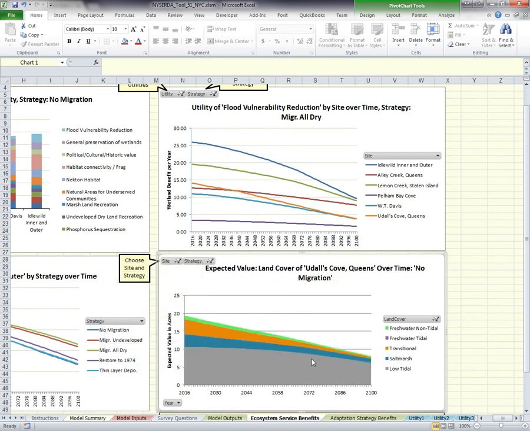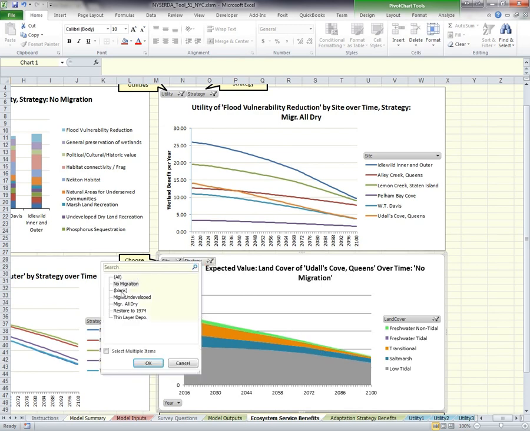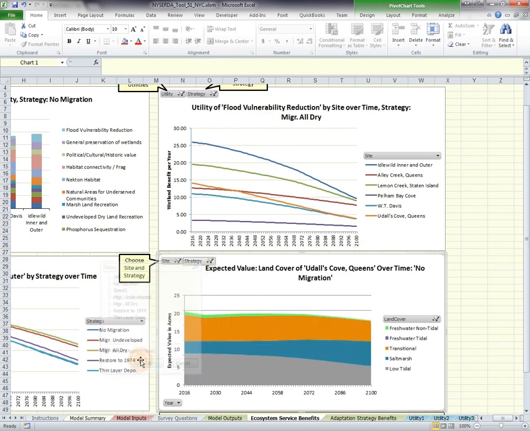Not as much marsh up front, and then almost all of that's being lost. If you do look at a migration strategy, even with this high marsh loss, there's enough marsh migration, transgression to uplands, that Udall's Cove would be predicted to have about the same expected value for marshlands as it did at the beginning of the simulation.